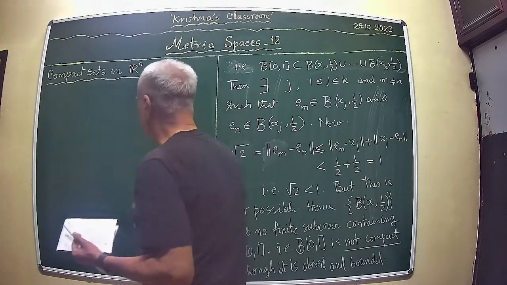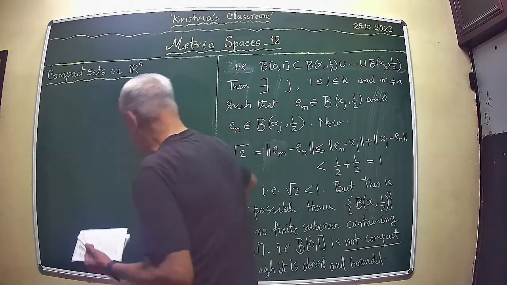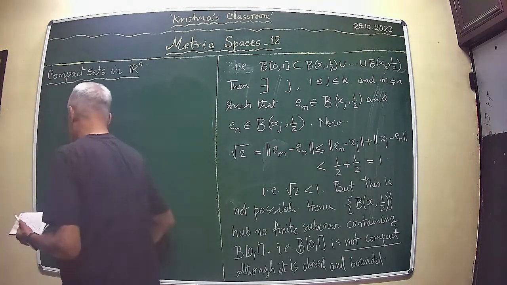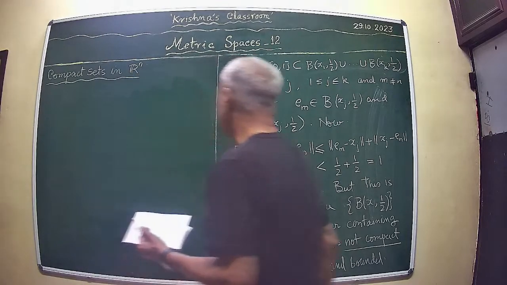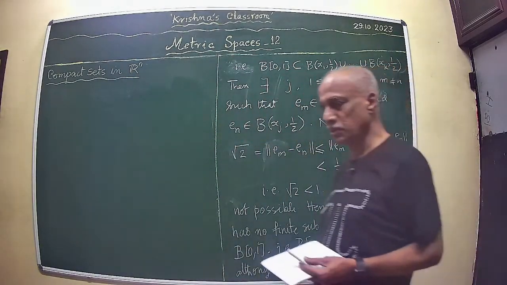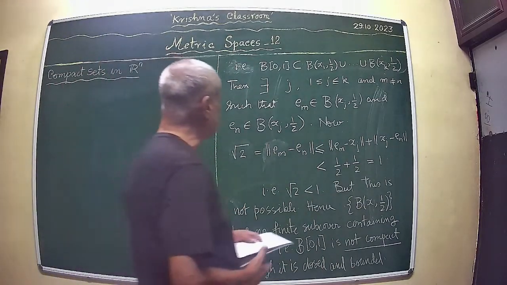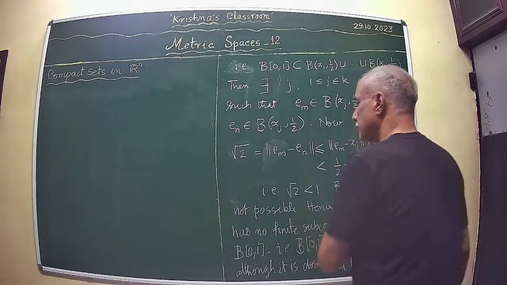So it also depends on the metric space that you are working in. Not in every metric space does the property closed and bounded imply compactness, although in R and C it does. See, the point is that this is an infinite dimensional vector space.